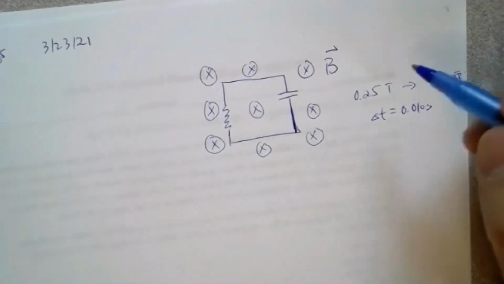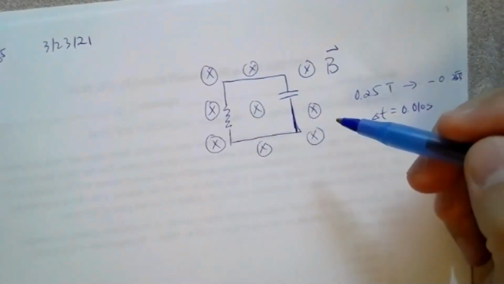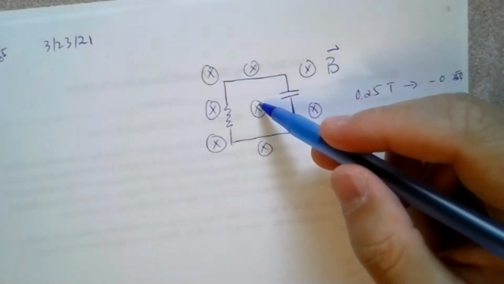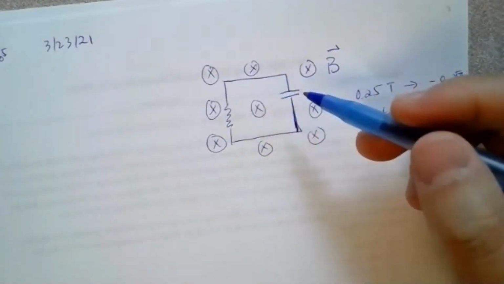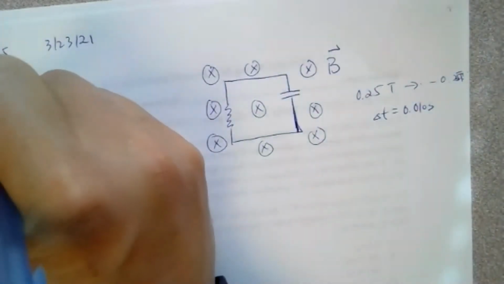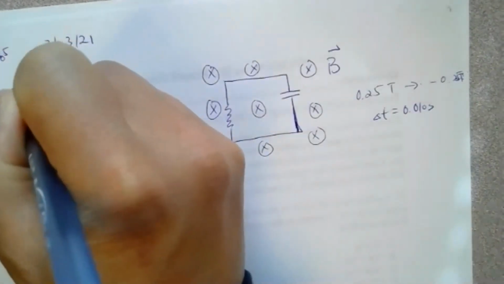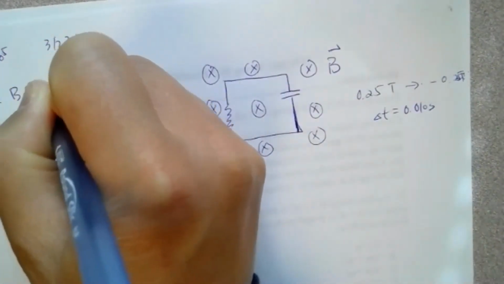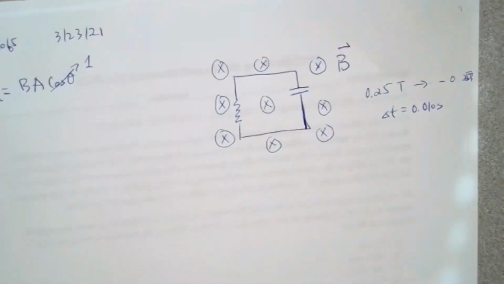So the area of this loop would not change, right? And your magnetic field is in the same direction as the normal direction. So the magnetic flux is equal to B times A times cosine theta, and that will be 1 because theta is 0.